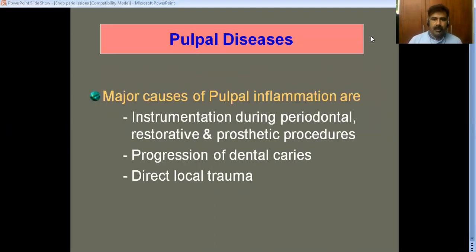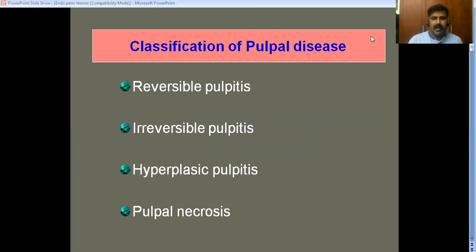Now you all know about pulpal disease. Whenever there is injury to the pulp, whatever be the reason, it can be carious, it can be an iatrogenic reason, it can be heat, trauma, inflammation sets in, and it will result in pulpal disease. You have different types of pulpal disease, like reversible, irreversible. The pulp then becomes non-vital and necrotic.